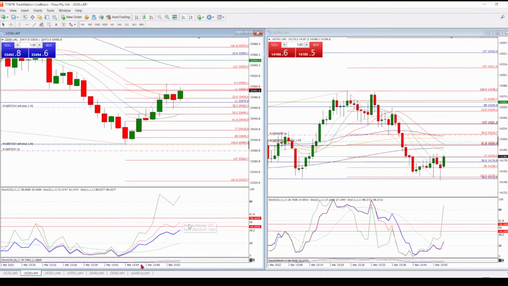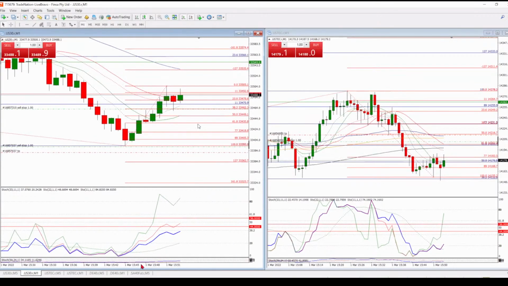Still watching that stochastic up to 50 on both markets. Could possibly get a separation short.